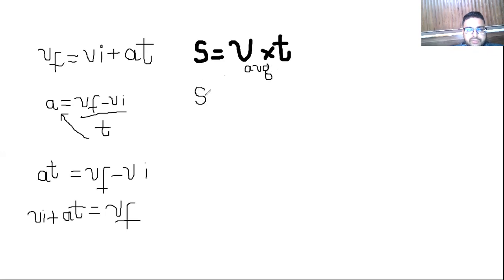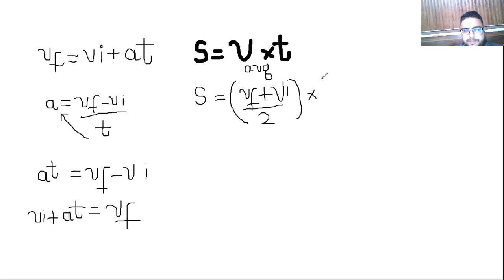So S, the symbol for displacement, will be equals to Vf plus Vi upon 2 multiplied by time, right? So in place of average velocity, we have written its formula, which is Vf plus Vi divided by 2.